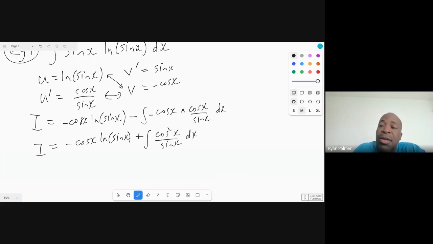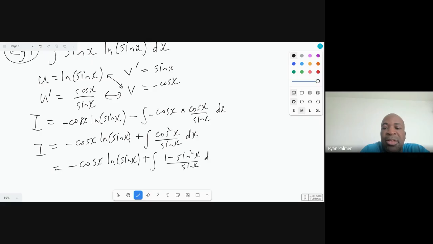What we can do here is rewrite cos square x using the identity that cos square plus sine square is equal to 1. So this can be reframed as minus cos x ln of sine x, and then plus the integral of 1 minus sine square x over sine x dx.